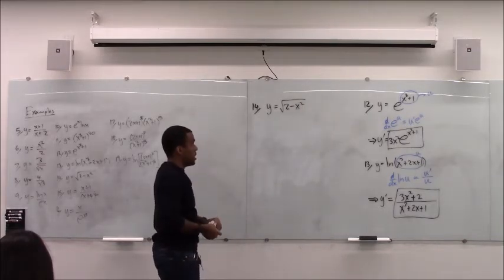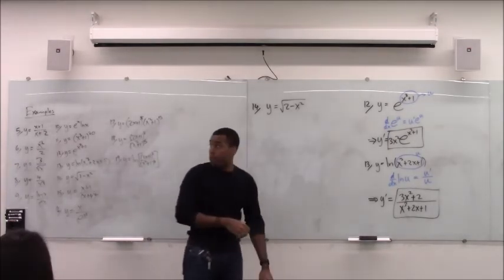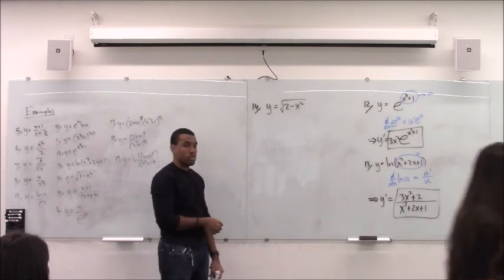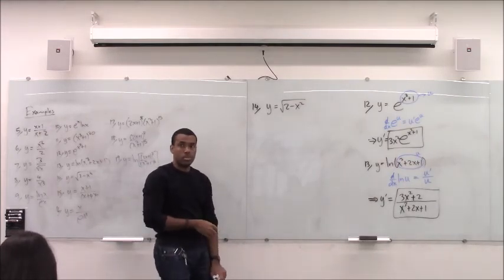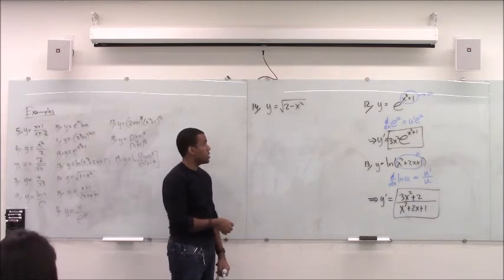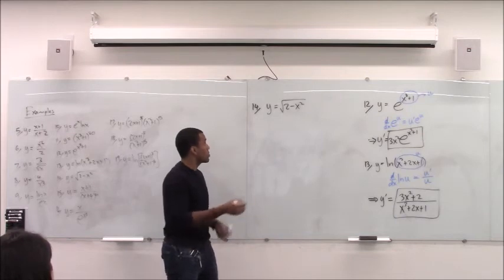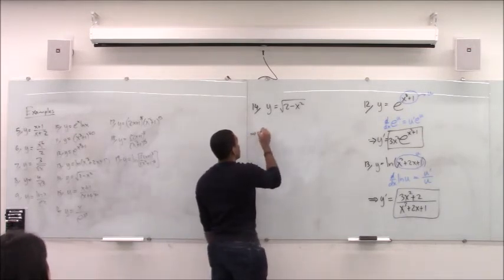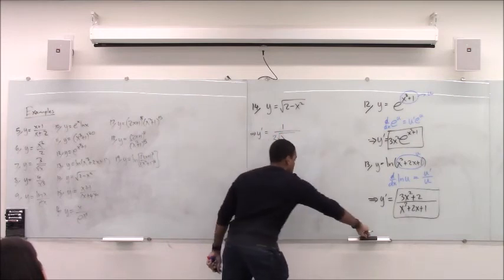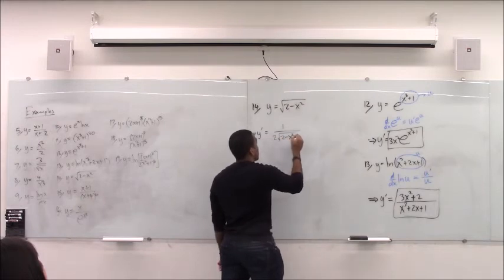I see you differentiated that. How do you do it? Chain rule. Okay, how does it apply here? You do the derivative of the outside function, which is 1 over 2 root of 2 minus x squared, times the derivative of the inside function, which is negative 2x.